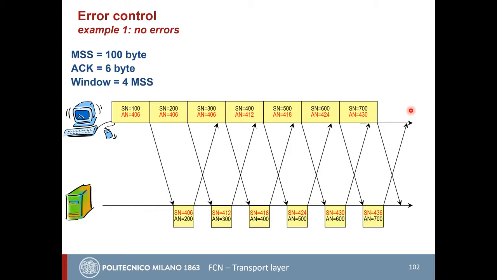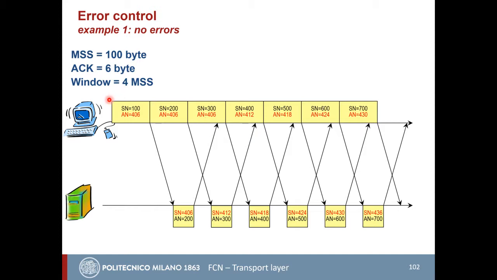So this goes back. Since the window is 4 maximum segment size, the sender can start sending all the other segments before waiting for the acknowledgements. And the window has the right size so that the transmission can be continuous, because in the absence of error, the acknowledgement goes back to the sender while the sender is still sending the packets that are allowed by the first window.